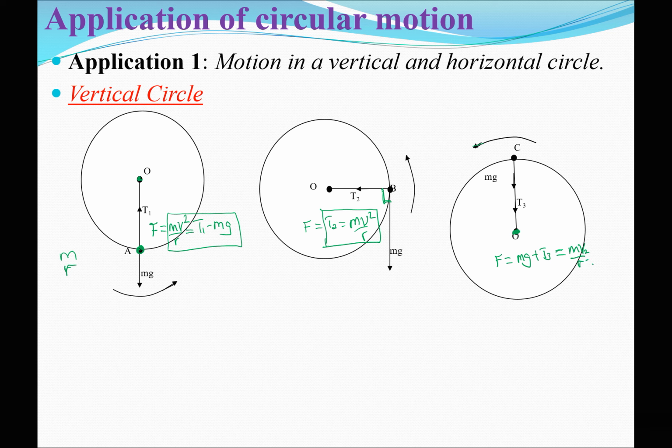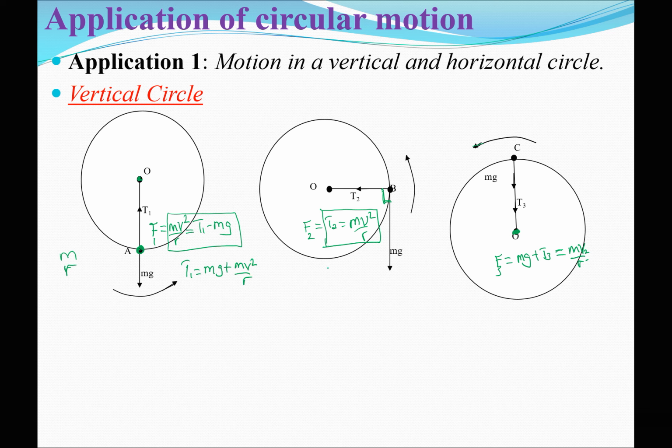So in all these three cases, if I call this F1, F2, F3, you notice that the tension T1 is equal to mg plus mv squared over r.